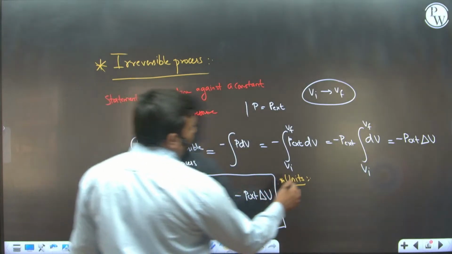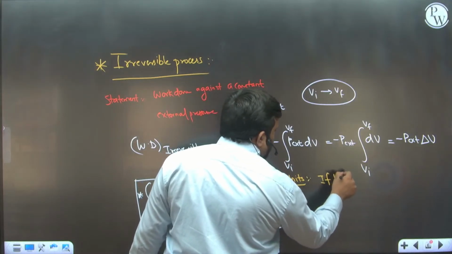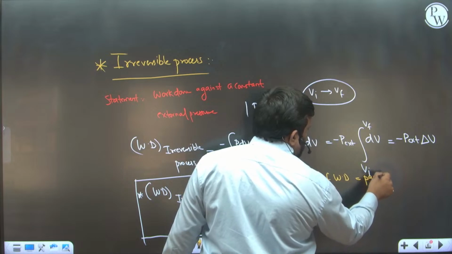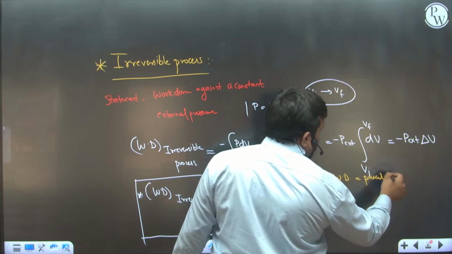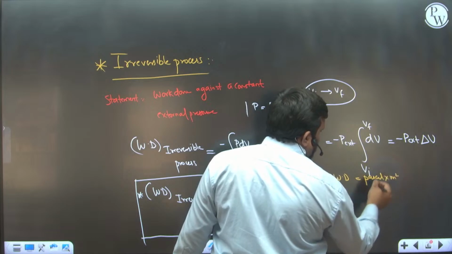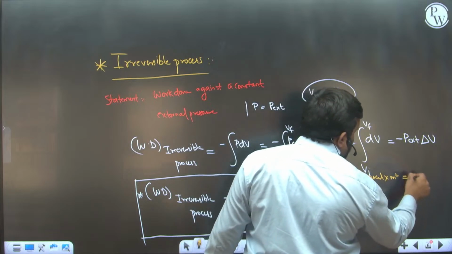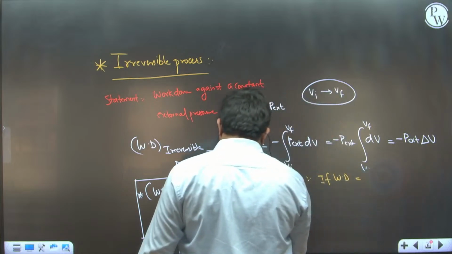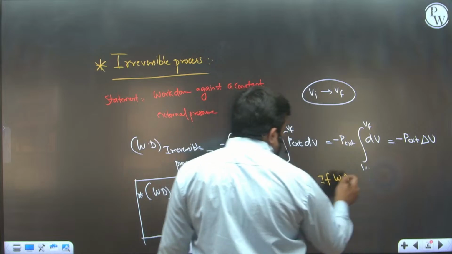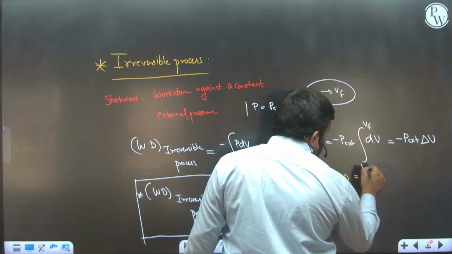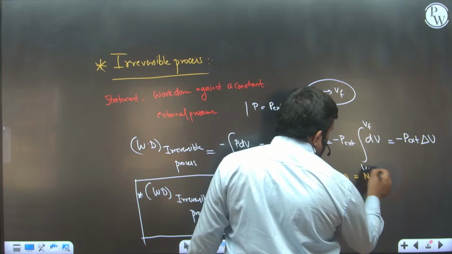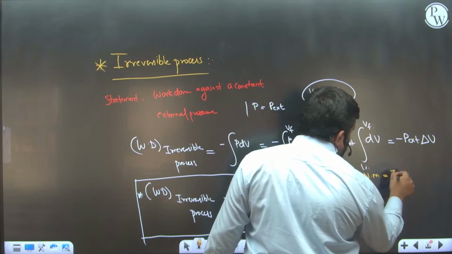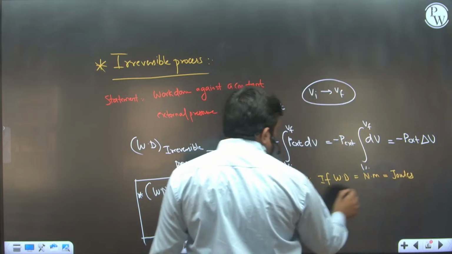Units: if you want work done in Pascal into meter square, that we call Newton meter, or you can directly say joules.